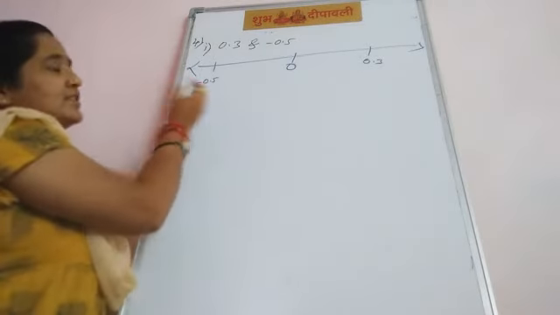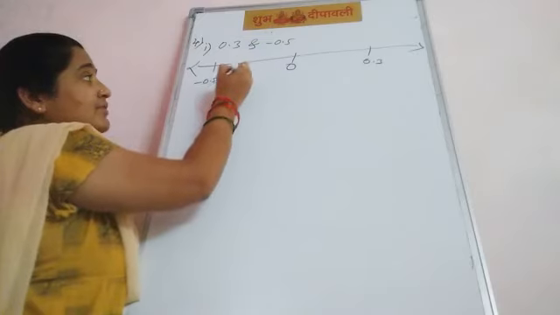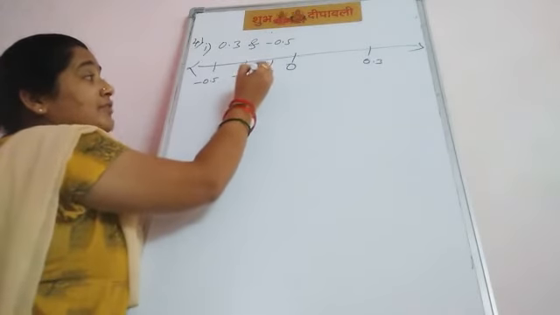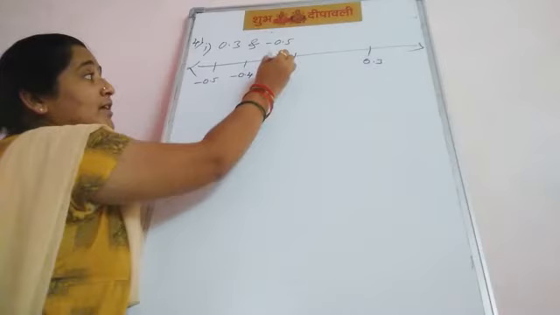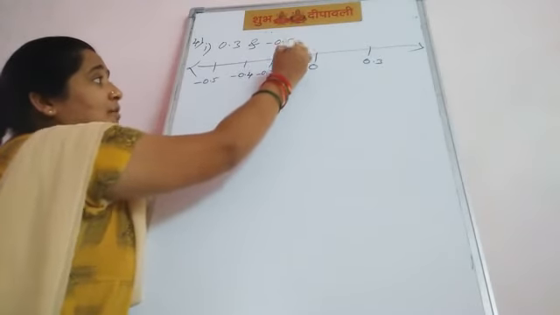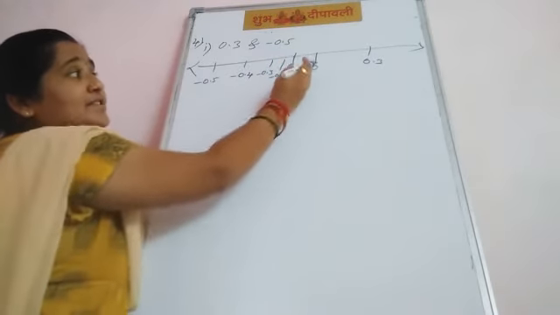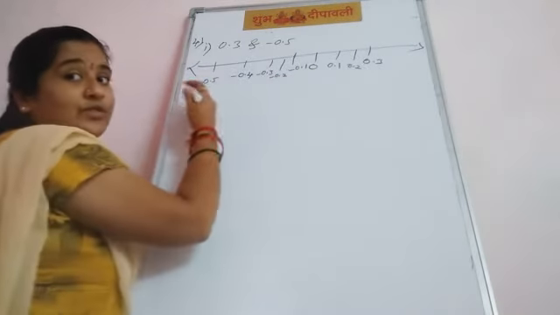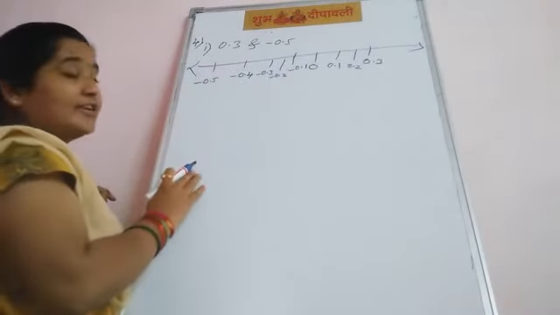So minus 0.5. Next to minus 0.5 what? Minus 0.4. Next, minus 0.3. Minus 0.2. Minus 0.1. 0 here. 0.1. Out of these numbers, you can write any three numbers.